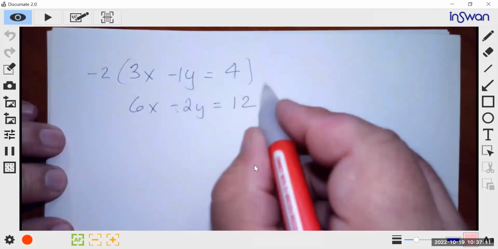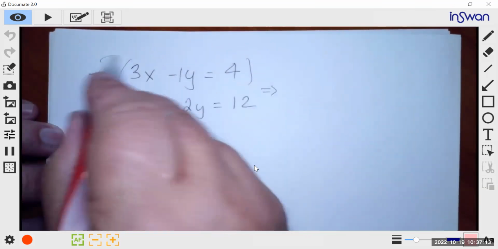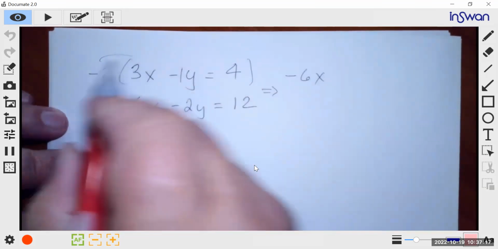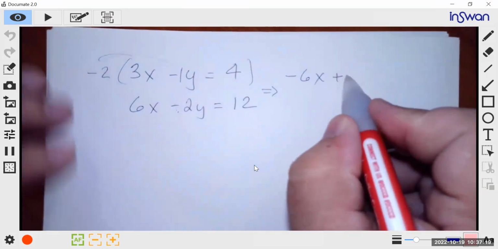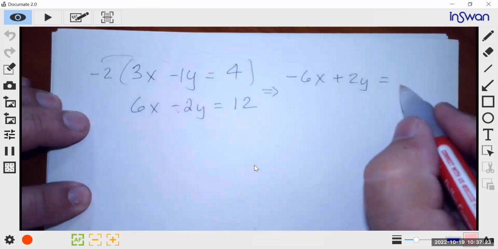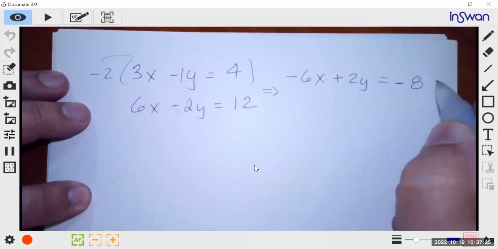Negative, negative is a positive. 2 times 1. So negative 2 times 3 is 6, x. Negative of negative is a positive. 2 times 1 is 2. Negative, positive is a negative. 2 times 4 is 8.